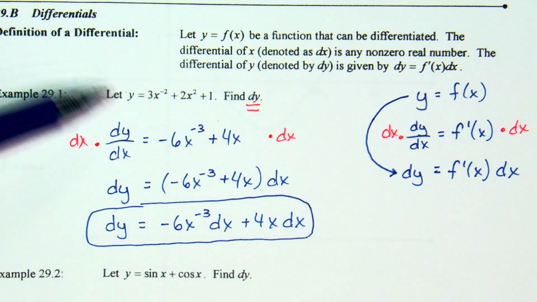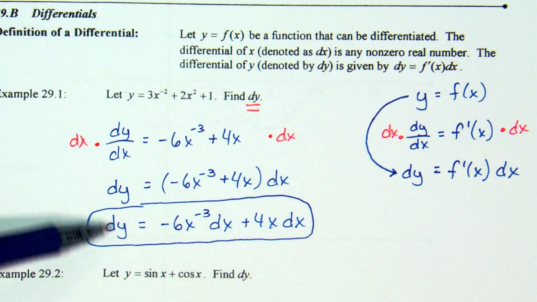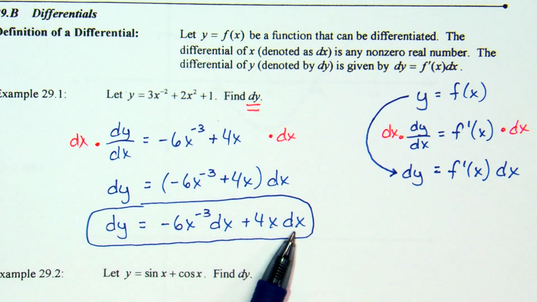So the derivative of y is 1, and so it's 1 dy. Derivative of 3x to the negative 2: negative 6x to the negative third times which variable was it? Dx. Derivative of 2x squared: 4x times which variable was it? Dx. Okay, and then we don't have to worry about the 1.